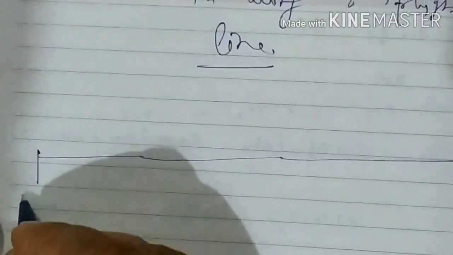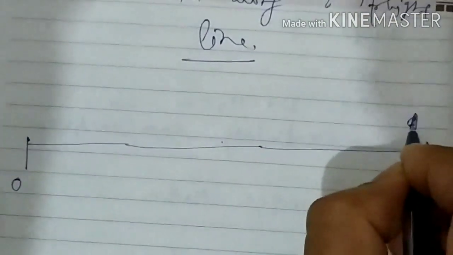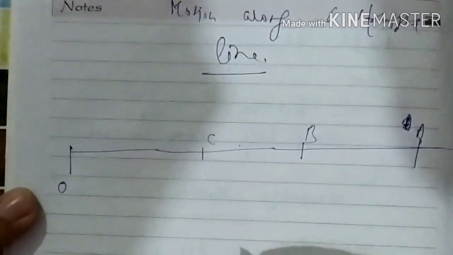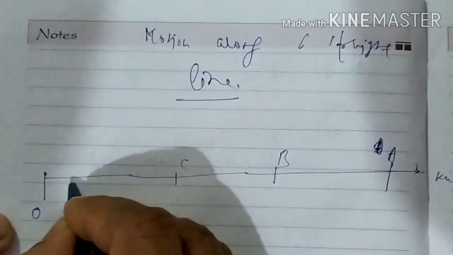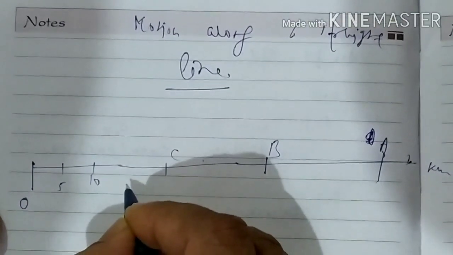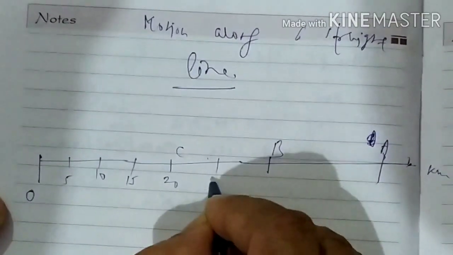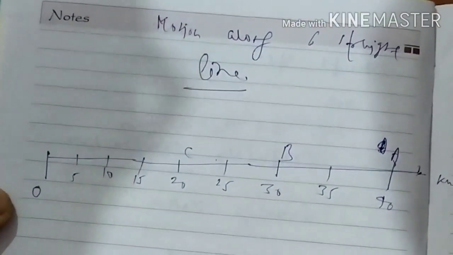Any object, any person starts to travel from point O, reaches point A through points C and B. If this complete journey is calibrated in kilometer and the scale is as given below: 5 kilometer, 10 kilometer, 15 kilometer, 20 kilometer, 25 kilometer, 30 kilometer, 35 kilometer and 40 kilometer.